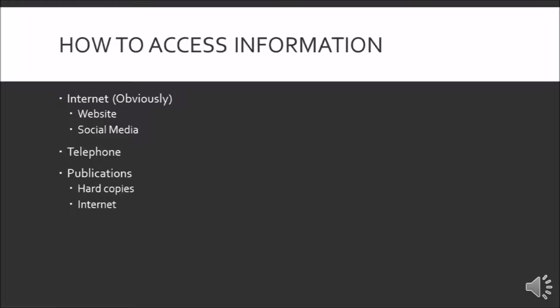How you can access information, the most popular way obviously, is the internet. There's a website, bls.gov. Also, the social media aspect is very important. On Twitter, I know that if you follow their page, they'll give you up-to-date, minute-by-minute updates on different statistics that they collect.